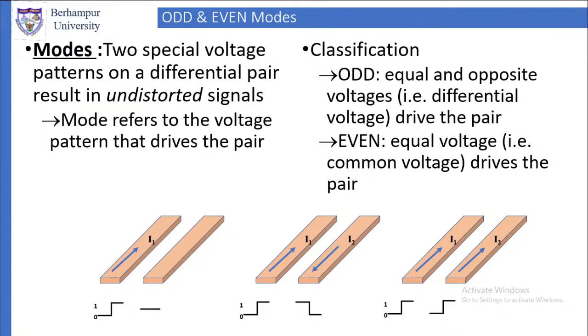So that is the standard one. The standard one, which is the leftmost, can be decomposed into even mode and odd mode. As in the case of the circuit, in this case also we can do it in the same manner, the same procedure, everything is followed in this case also.